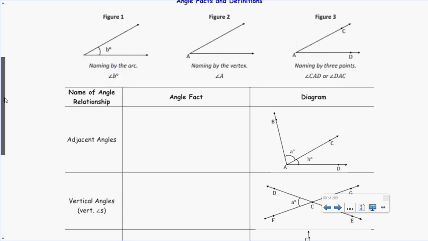Adjacent angles: two angles next to each other. Underline next to, because maybe you've seen the word adjacent in English and you might not have known what it meant. Next to each other.